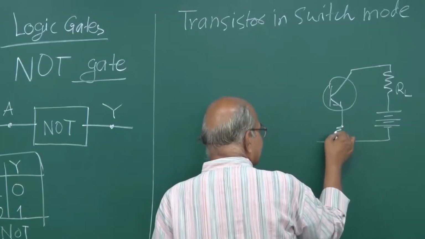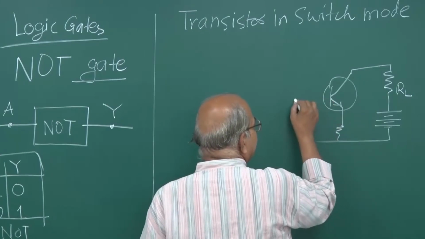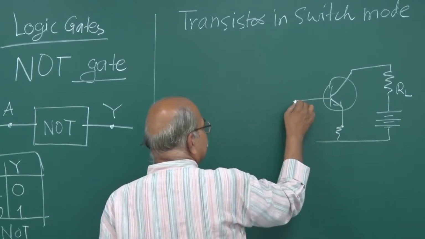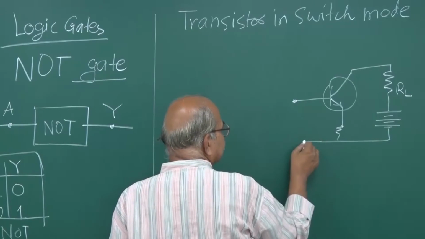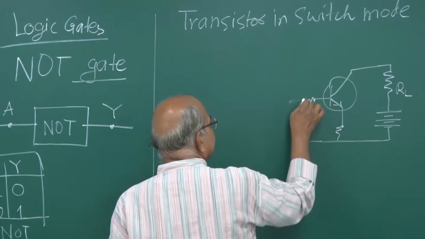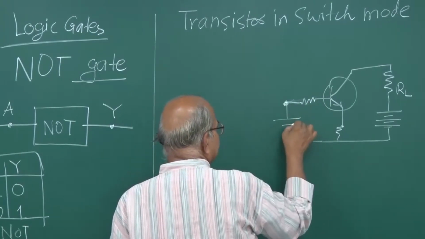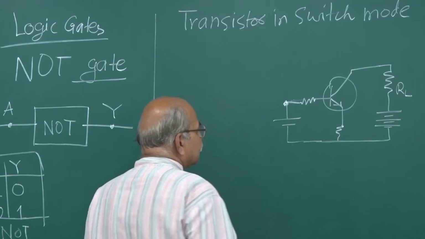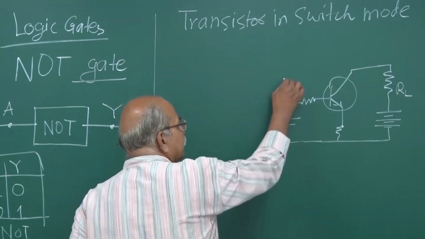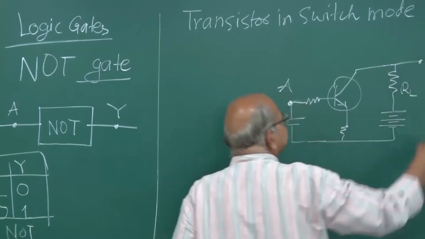You put some resistances, some capacitances, all those things I am not showing. Then here is the input, point A, and you can take your output from here. This is the point Y.